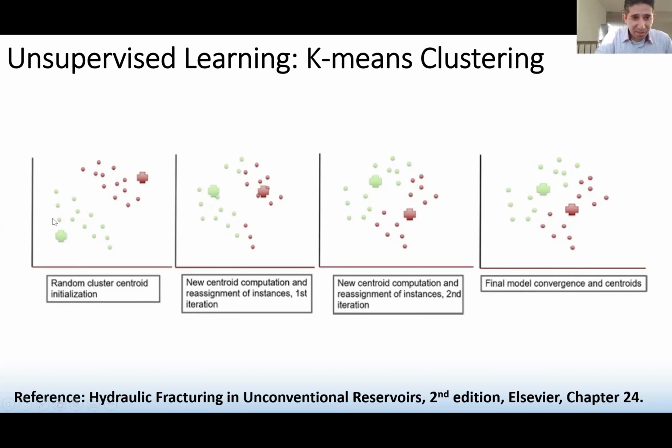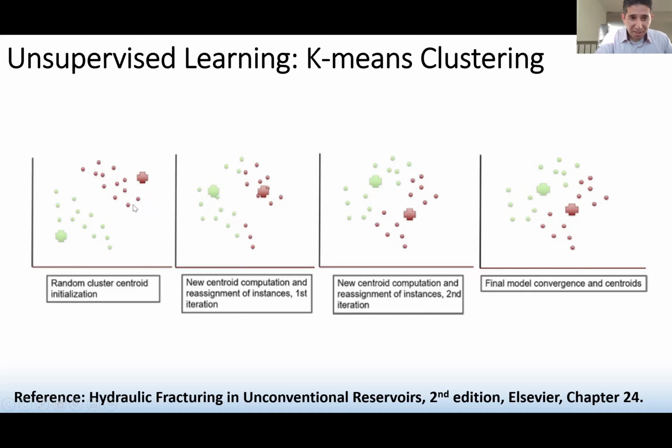I'm going to calculate the Euclidean distance from each instance to each cluster, okay, and basically assign the ones that are closest to this cluster to green, and assign the ones that are closest to this red cluster to red. So you're going to measure the distance between each instance and each cluster, from here to here, and from this instance to this cluster right here.